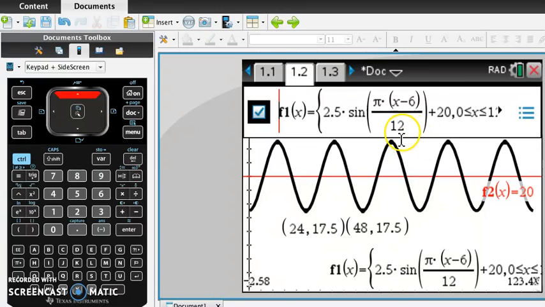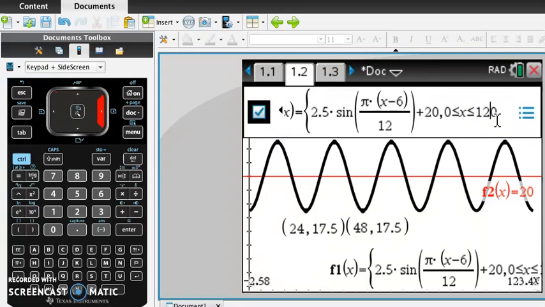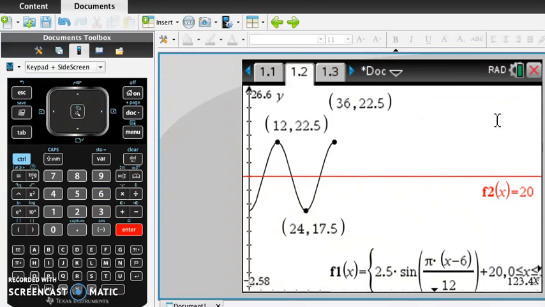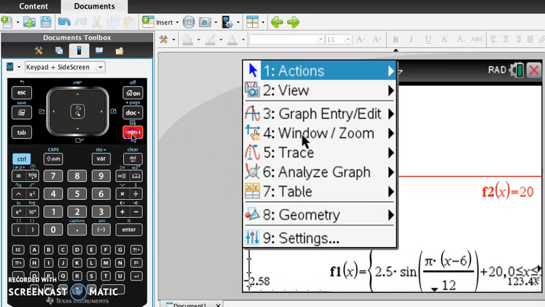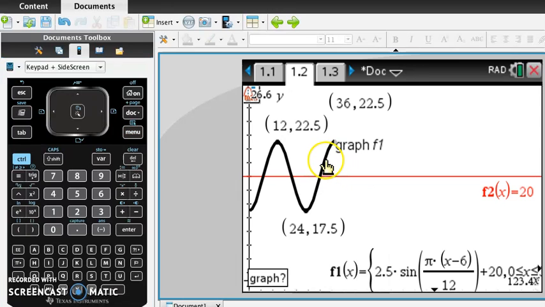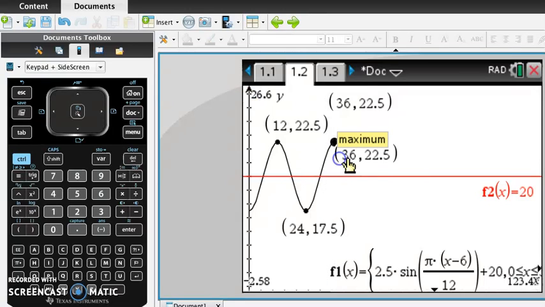So maybe, just to confirm things, there's our graph up here. Let's just change that back to 36. Okay, so that's where my graph ends. So what is that endpoint? It looks like it's a maximum. Analyse graph at the maximum endpoint. So that's the graph that I'm drawing.